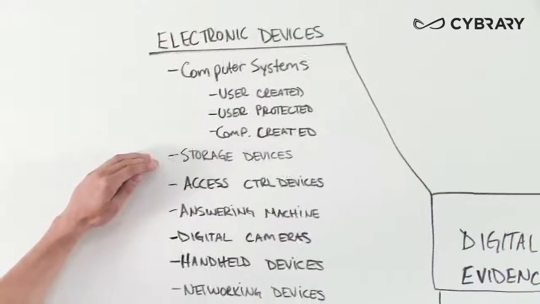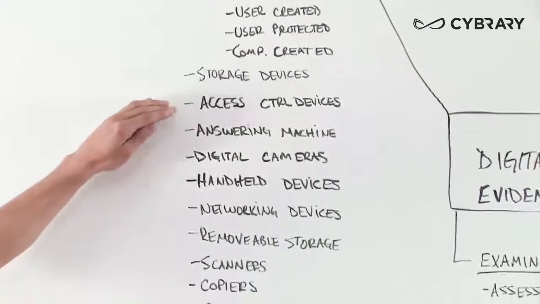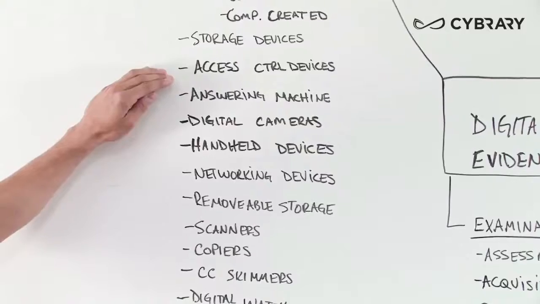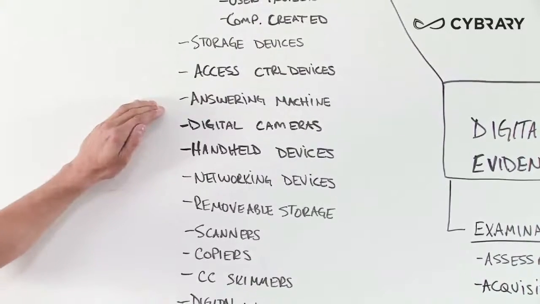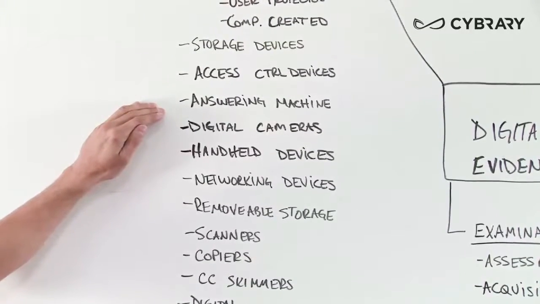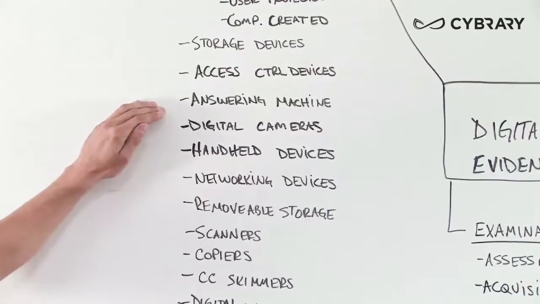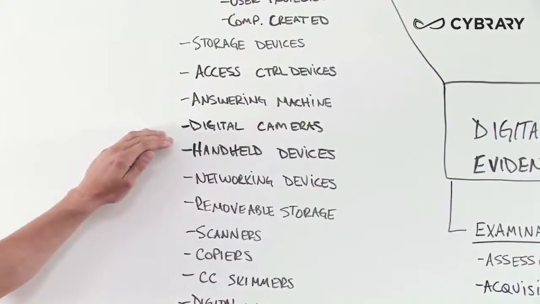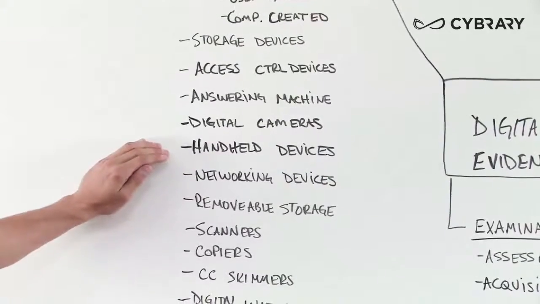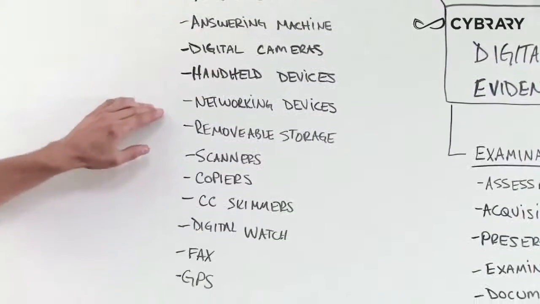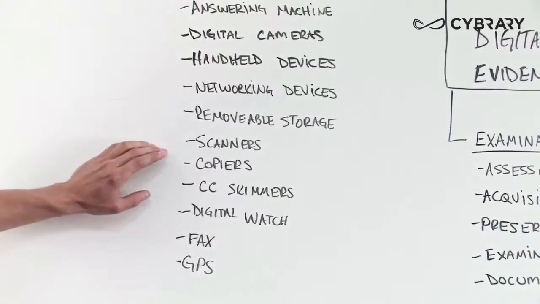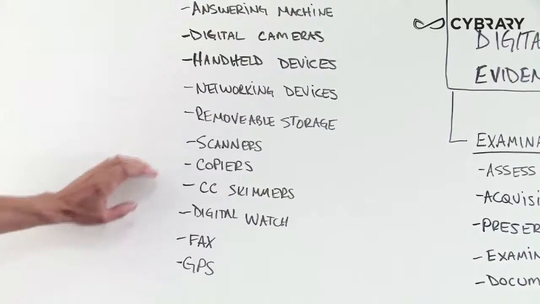However, we'll look at all of the different types of storage devices, access control devices like biometrics and things like that. Even something as simple as an answering machine. If it can store digital media, even answering machine tapes, for example. Digital cameras, okay, handheld devices, networking devices, removable storage, all sorts of different types of scanners and copiers.